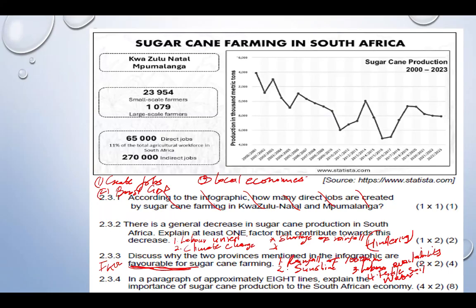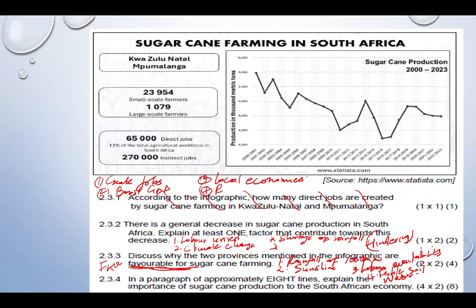When you say it boosts local economies and when you say it boosts GDP, you cannot say GDP when you're talking about local economies. You talk about GDP when you're talking about the country. What will be the other economic importance of sugarcane?